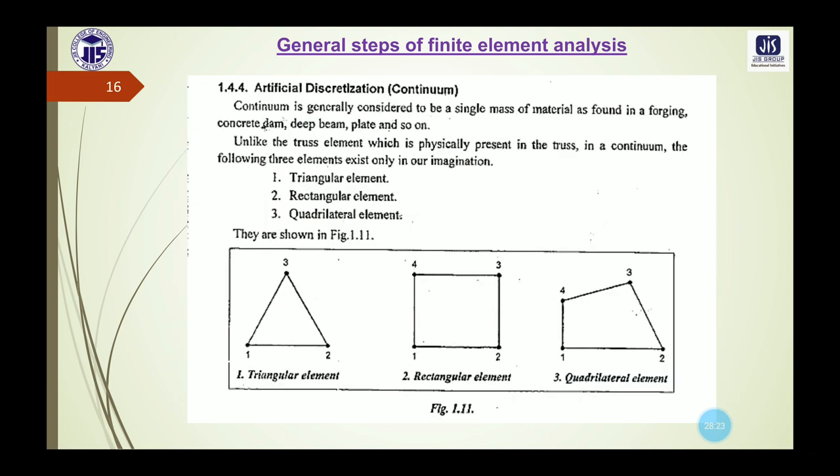Next, we are having the artificial discretization, which is also known as the continuum. A continuum is generally considered to be a single mass of material as found in a forging, concrete dam, deep beam plate and so on. Unlike the truss element which is physically present in the truss, in case of a continuum, the following 3 elements exist only in our imagination.